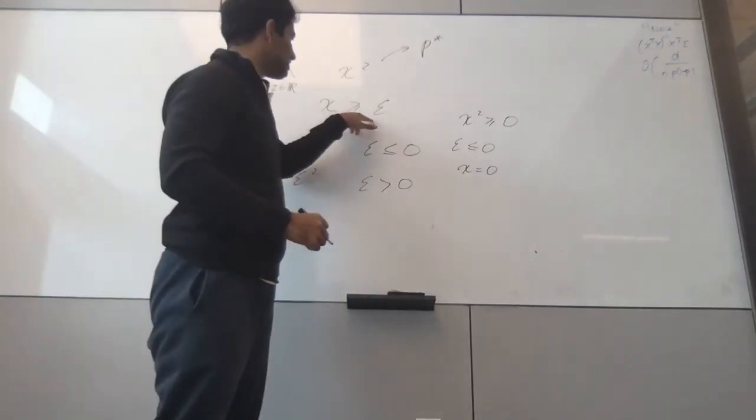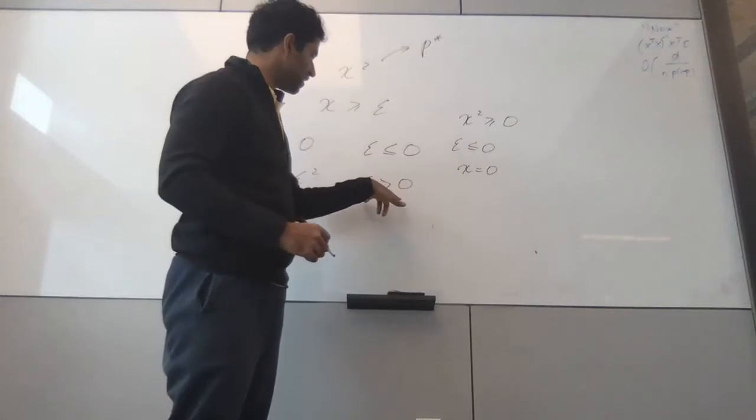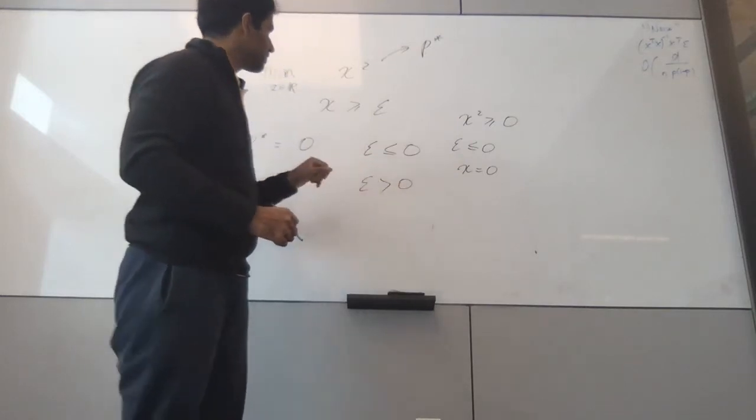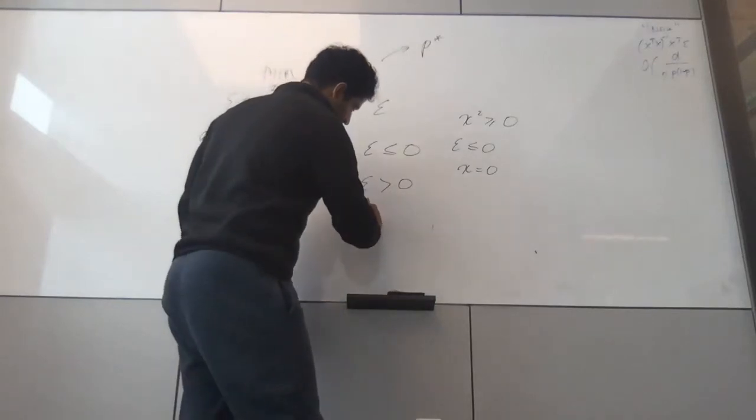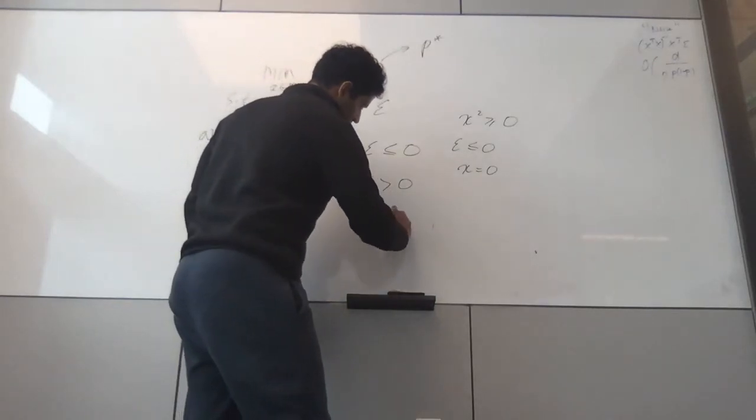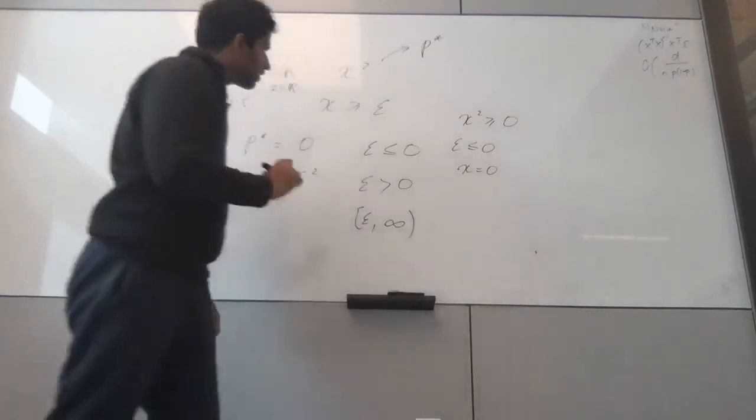Now let's consider the alternate case when epsilon is greater than 0. In this range, from epsilon to infinity, x squared is an increasing function, right?